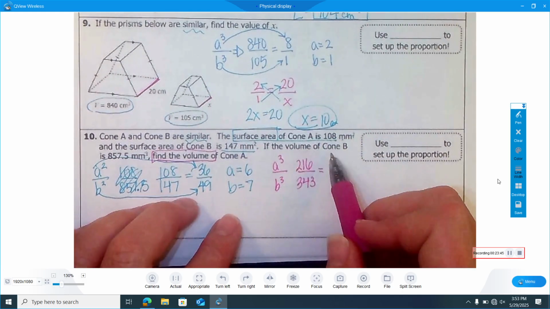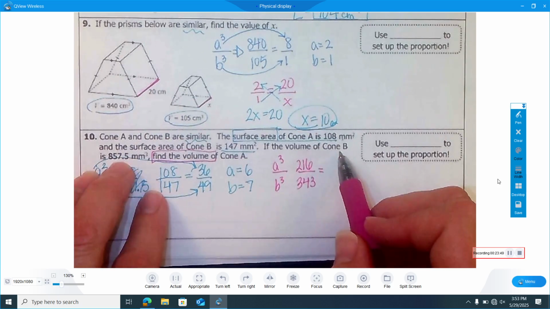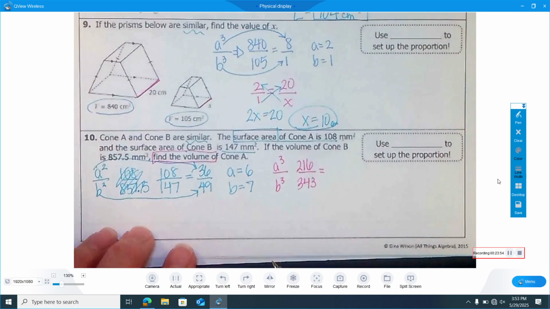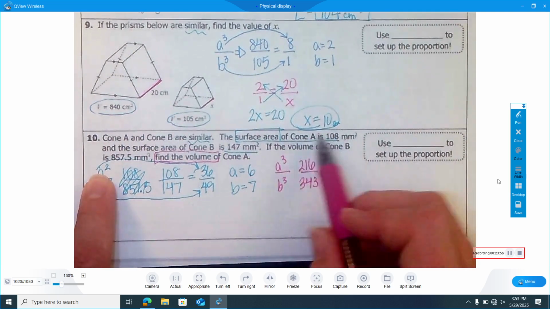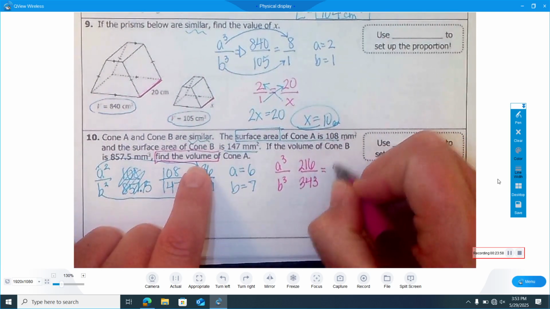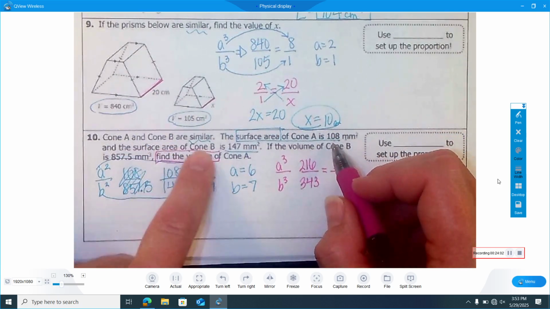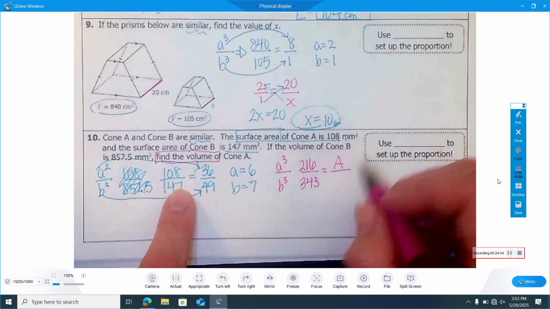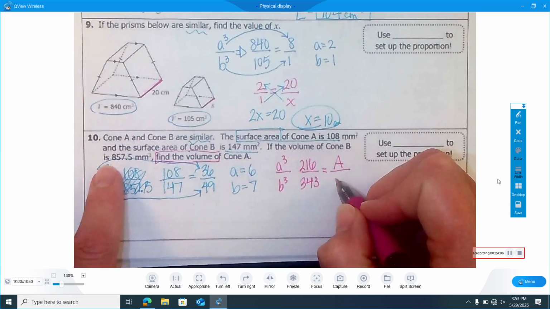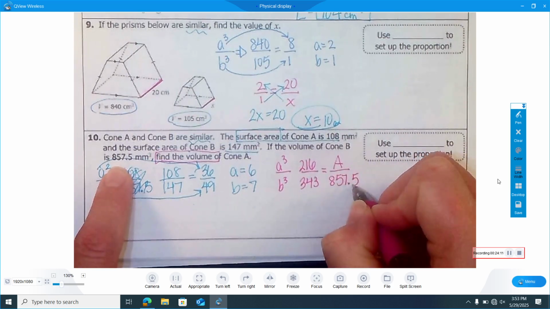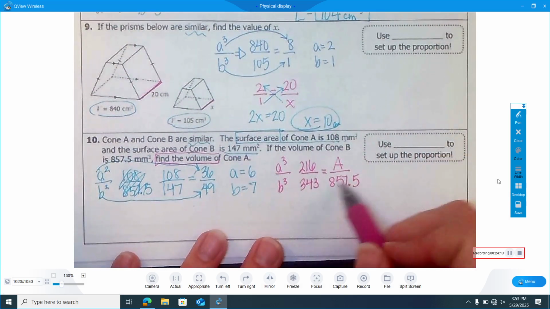And it says if the volume of cone B is 857.5, find the volume of cone A. I put A on top, because we want to figure out cone A, and cone B was the second thing we were talking about, so that number is on the bottom. The volume of cone B is 857.5. So there's the setup for that.